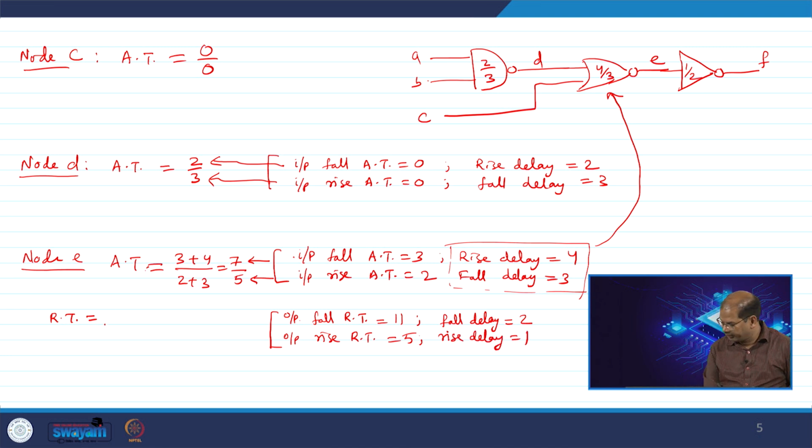So, now the required time in this case will be 11 minus 2 by 5 minus 1. So, it will be basically 9 by 4.